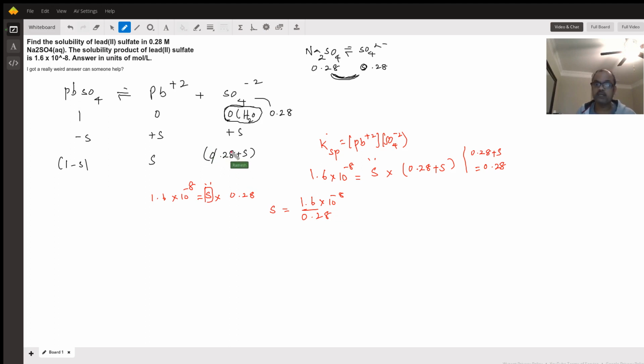Which will be 5.7 times 10 to the negative 8.